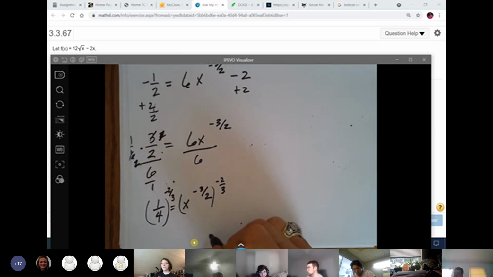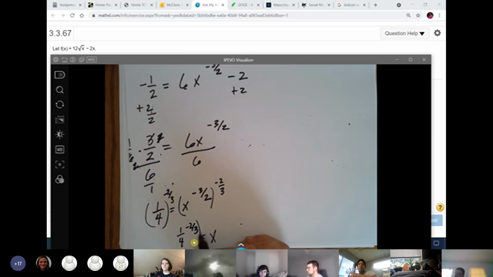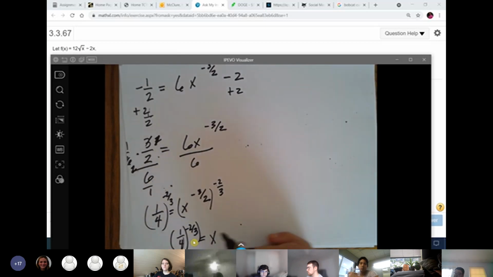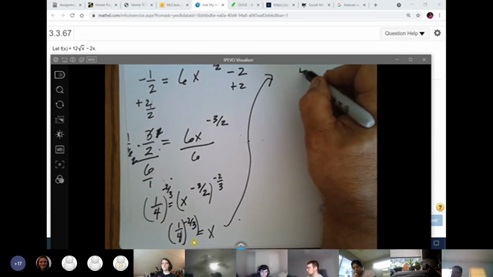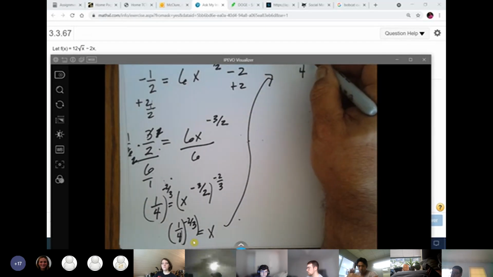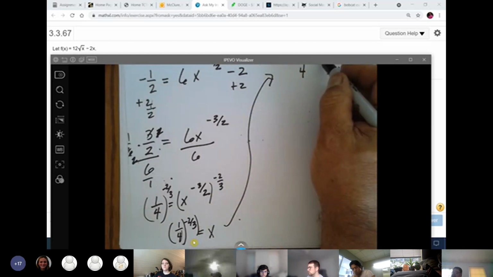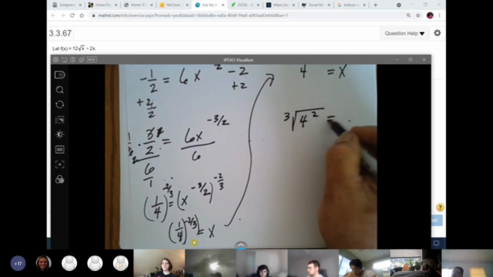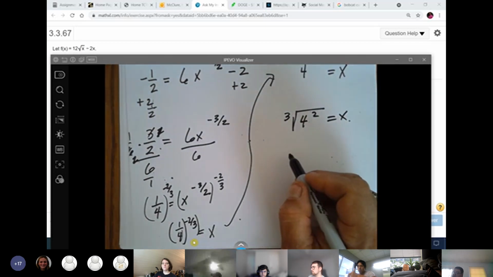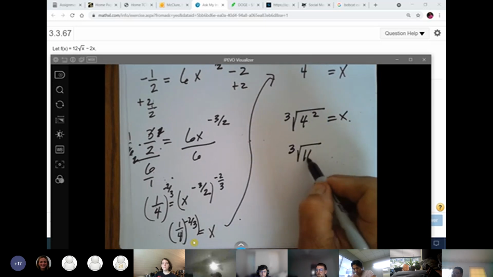And that gives me x is equal to 1/4 to the negative 2/3 power, which I could flip, and I would get x is equal to 4 to the 2/3 power. And that's exponent over index. So that's going to be the 3rd root of 4 to the 2nd power, which is the 3rd root of 16?